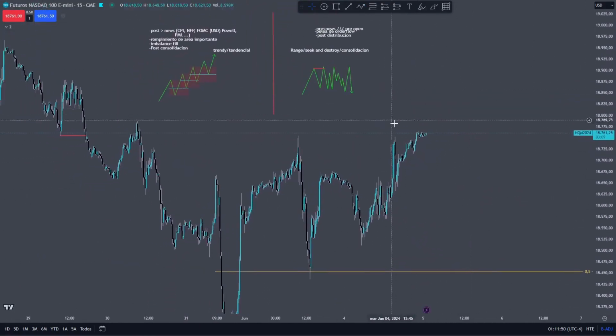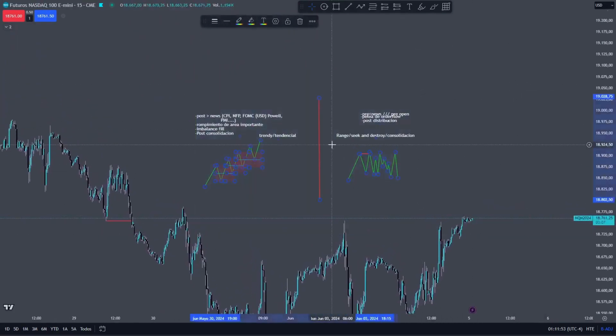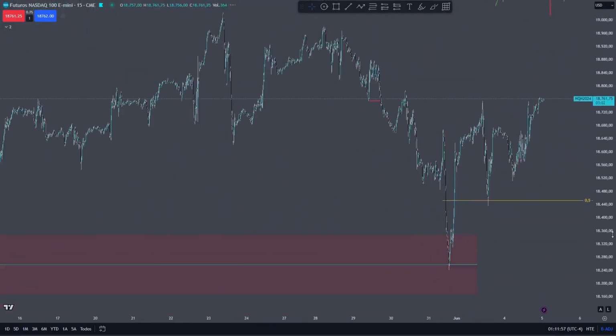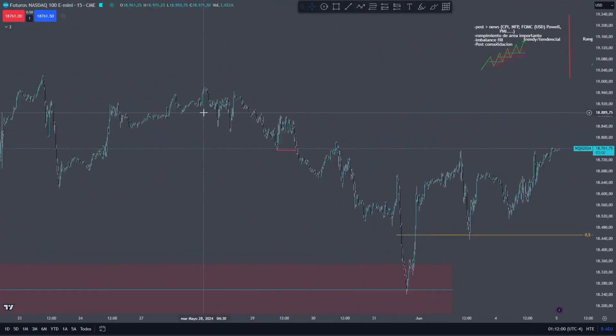Today is a perfect example, then, that we brought from previous days quite a lot of distribution.